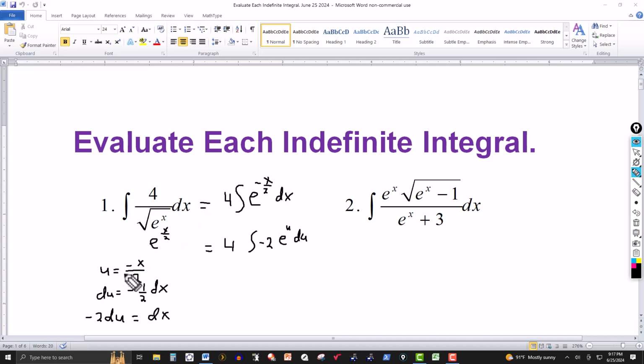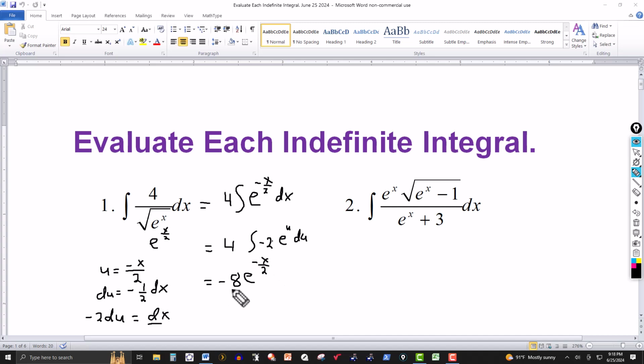So again, make a substitution, and the dx right here gets replaced by -2 du. There's -2, and the du is over here. Then I can factor this out. It's constant, so the -2 comes out and multiplies the 4, and this gives me a -8. And of course, e to the u, just replace the u by the substitution.